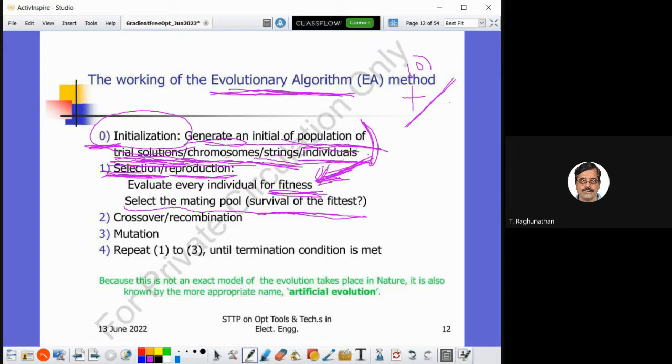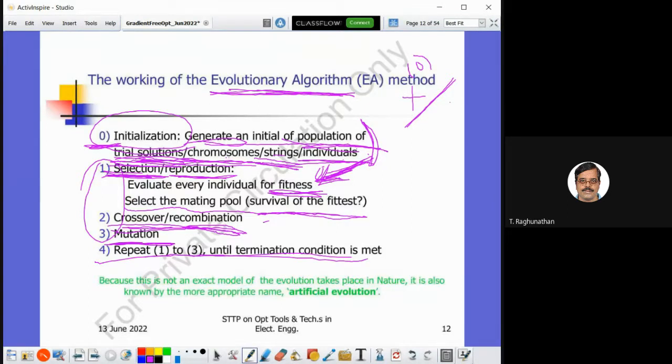These fittest individuals will reproduce. The mechanisms of reproduction are crossover or recombination, and another mechanism is mutation. So if you apply these three operators, 1, 2, and 3, continuously, you can get the solution.